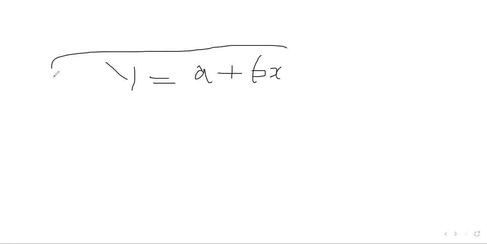All right, so this is the line that we need to go for, please. Then we have the aspect where we look at the correlation coefficient.